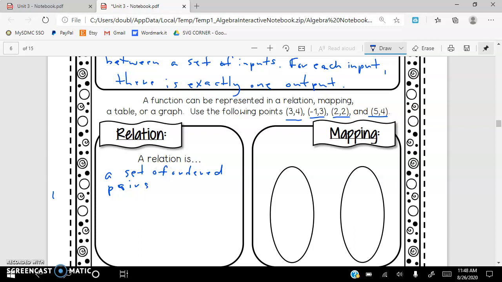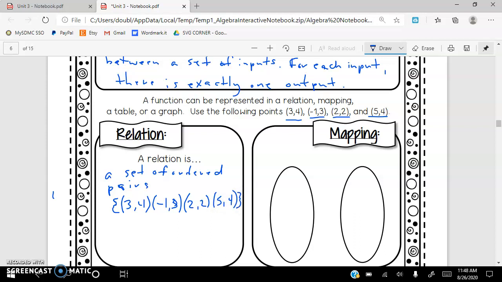Okay. So in this relation we have 3, 4, -1, 3, 2, 2, and 5, 4.